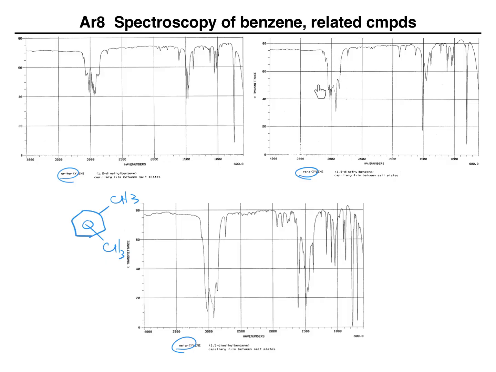Once you notice that you have sp2 CHs, then you should look around 1650 to try to find an alkene carbon-carbon double bond, or the 1500 and 1600 to try to find an aromatic ring.